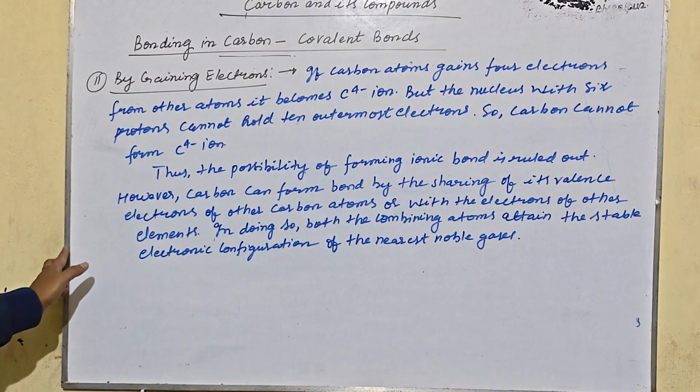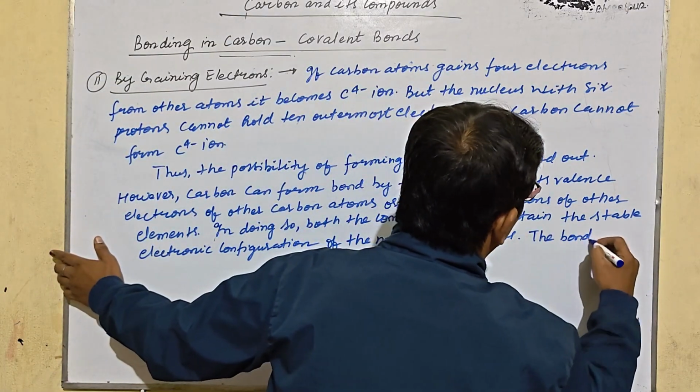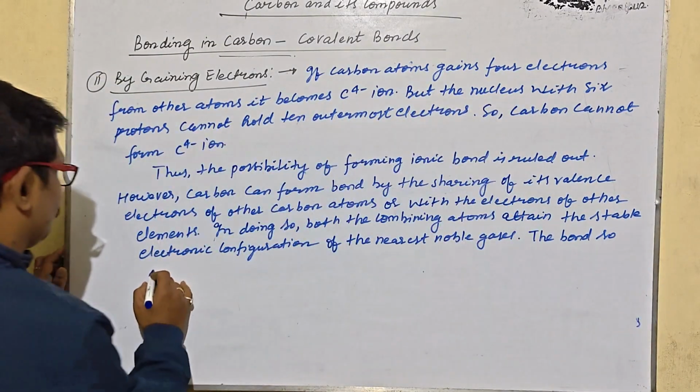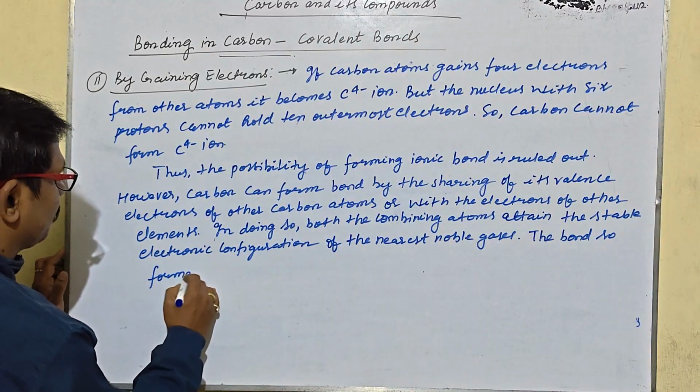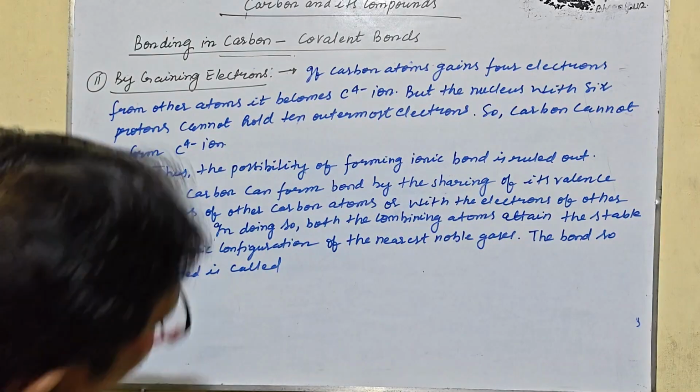So the bond formed is called a covalent bond.